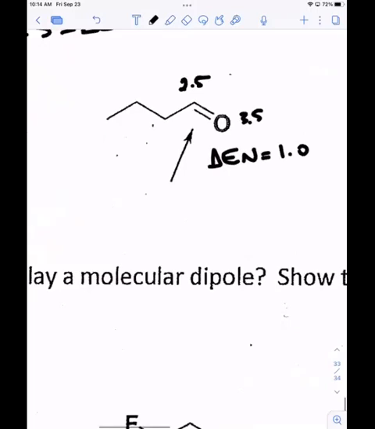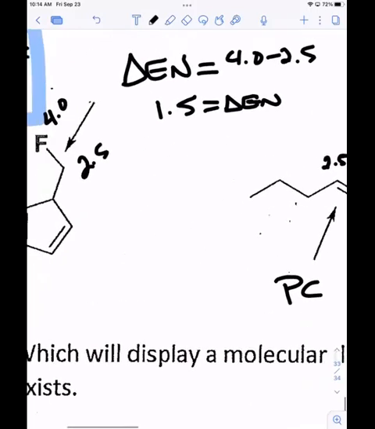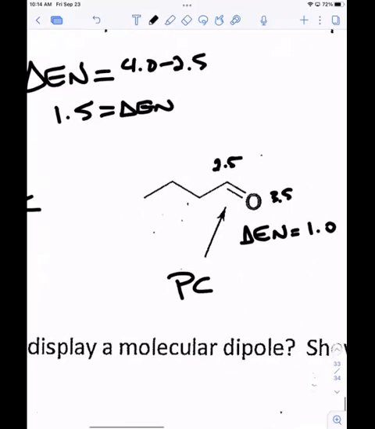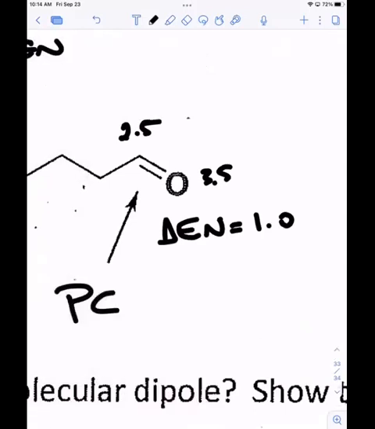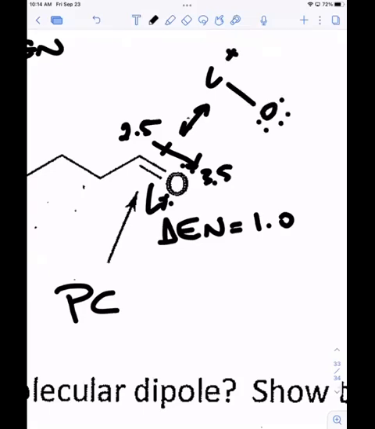It's also polar covalent. And this carbonyl is highly polarized. When you think about what we know about resonance, the fact that you can take that pi bond and give those electrons to oxygen and create a full positive charge on carbon, that matters, right? This is a highly polarized bond.